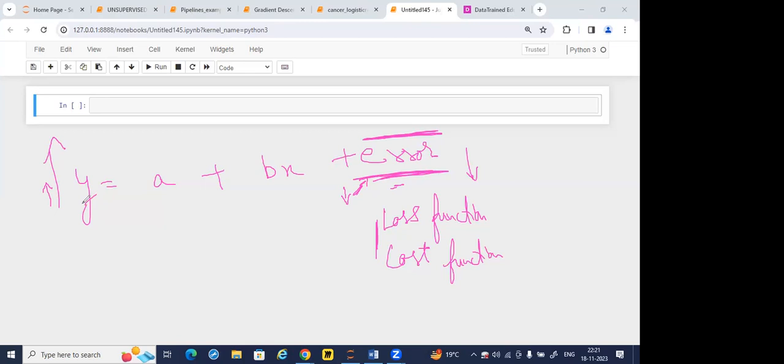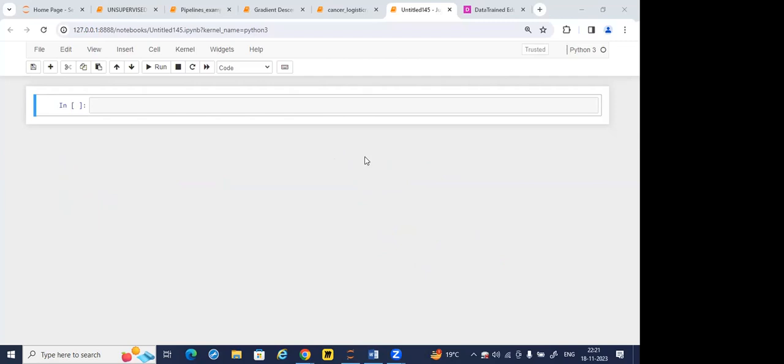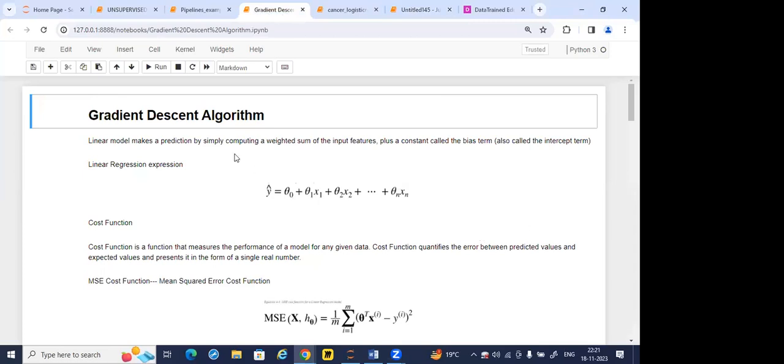Now, what happens? There are certain algorithms which work to reduce this error. That is known as gradient descent.